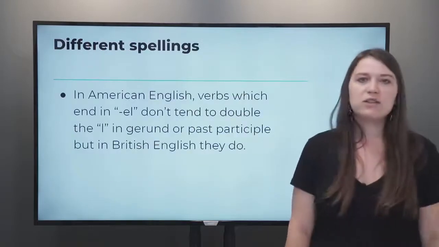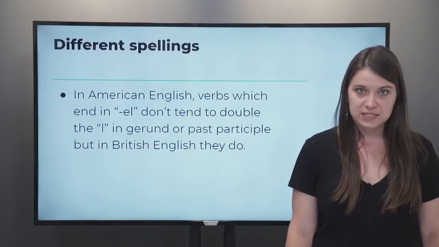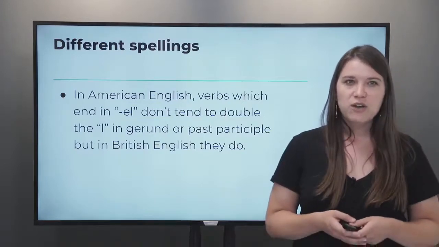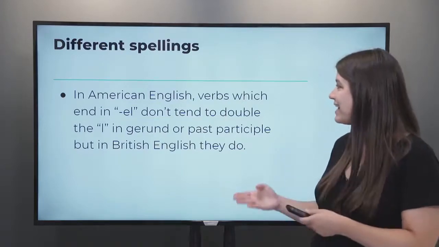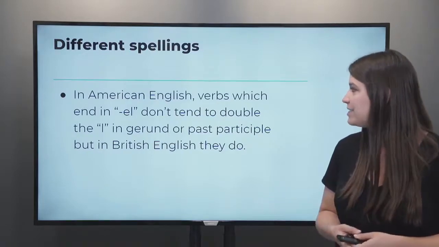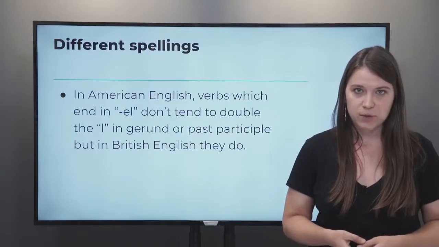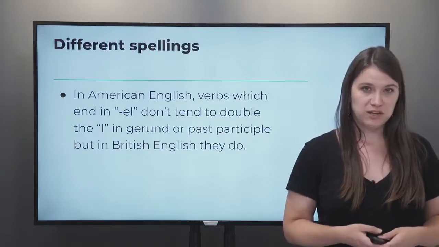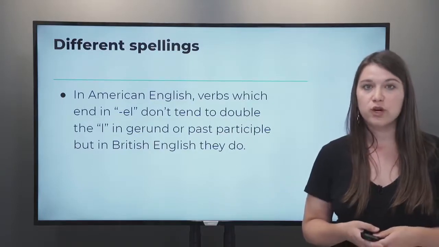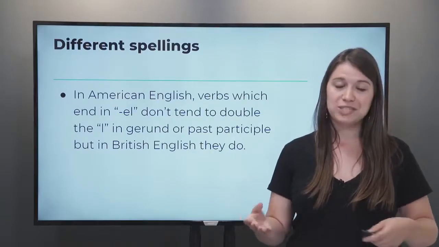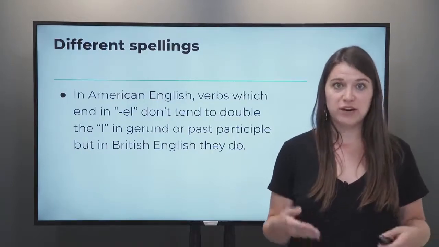All right, now let's look at some spelling differences between American and British English. In American English, verbs that end in EL don't tend to double the L in the gerund form or the past participle as they do in British English. For example, the verb travel in American English, you would just add an ing to make it a gerund, traveling.